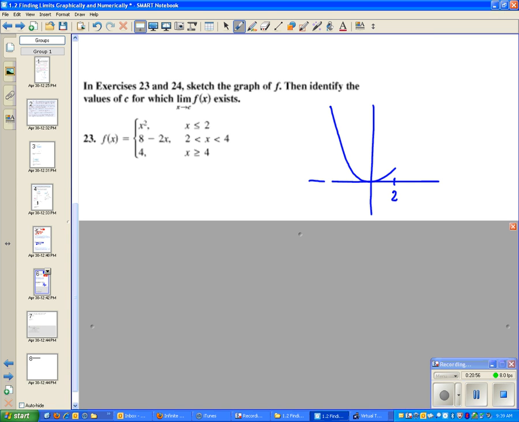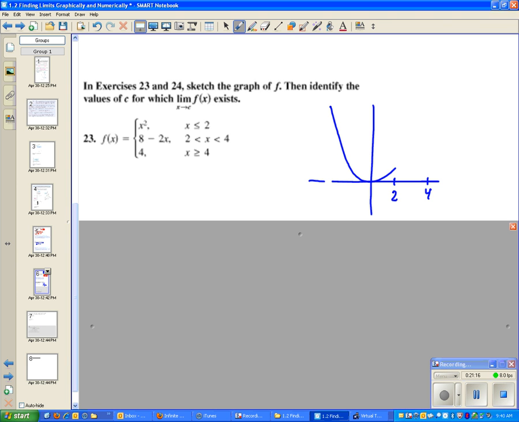And then, from 2 to 4, it's f of x equals 8 minus 2x. We're not used to seeing it that way. We're used to seeing negative 2x plus 8. So that's a line, okay? And it's a line with a slope of negative 2.